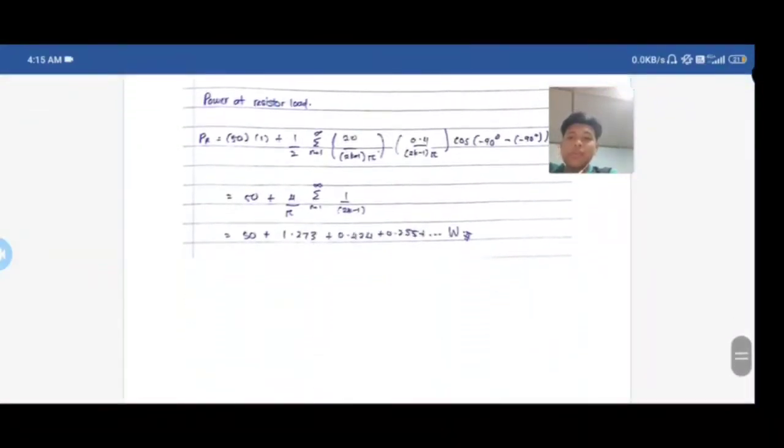After we simplify, we'll get the answer is 50 plus 1.273 plus 0.424 plus 0.255 until it reaches its limit. So the unit for power is watt.